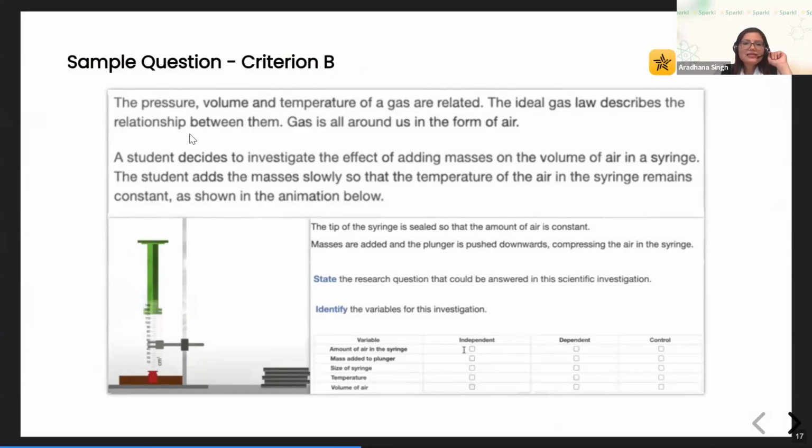The important thing is that 3 variables are already mentioned in the first line of the question: the pressure, volume, and temperature of a gas. It is related, right? So temperature is being fixed, pressure is being increased, and the effect on the volume is being investigated, right?